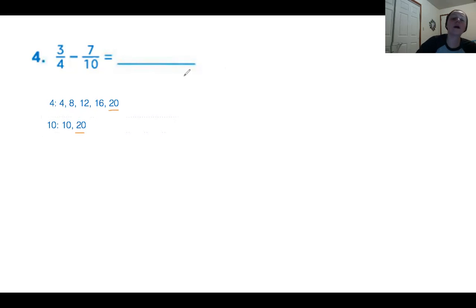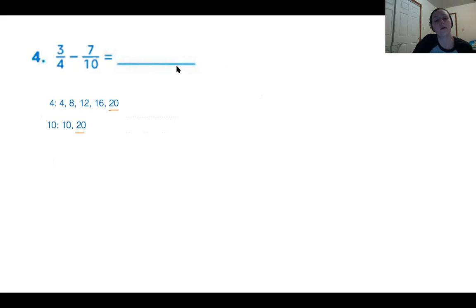All right, so what I'm going to do next is multiply 3/4 times 5/5, because I had to multiply 4 by 5 to get 20. My lowest common multiple here is 20. That is the lowest number that both 4 and 10 evenly divide into.